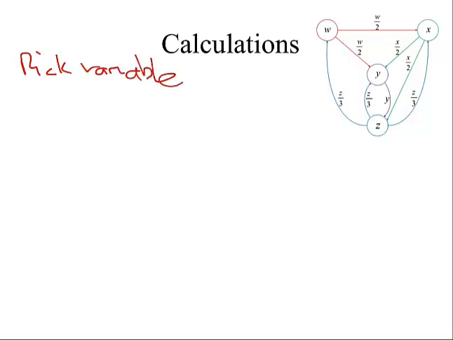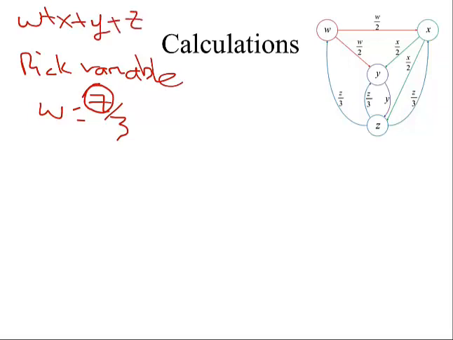W and Z seem pretty convenient together because we have a simple relationship. We have that W is equal to Z divided by 3. So why not get all of the importance scores in terms of Z and then plug it into our equation that W plus X plus Y plus Z has to be equal to 1. And that's the way that we're going to go about this because it's the least tedious manner possible.